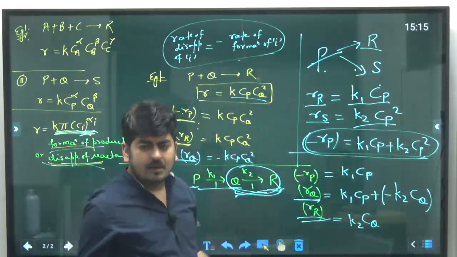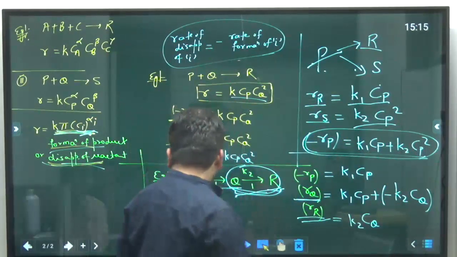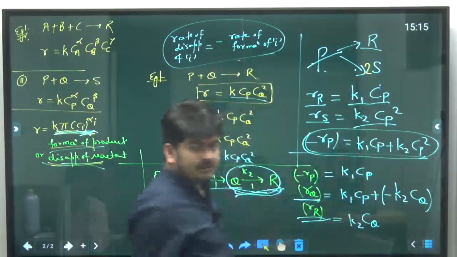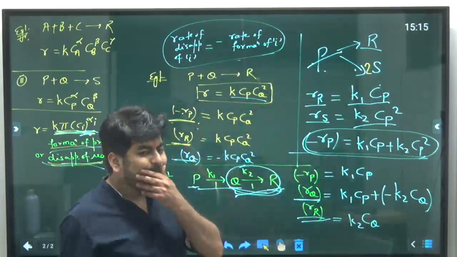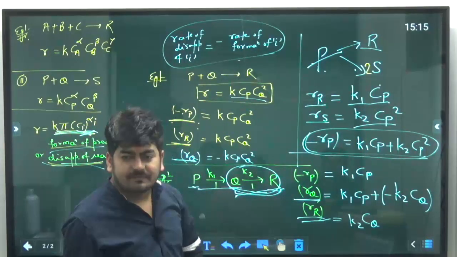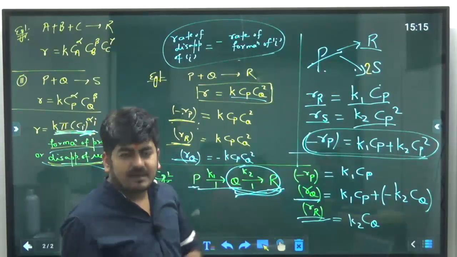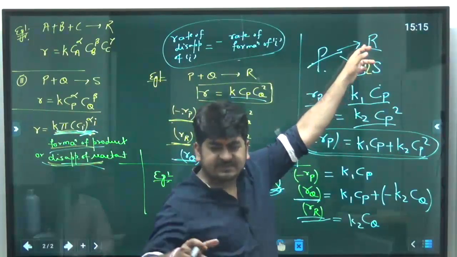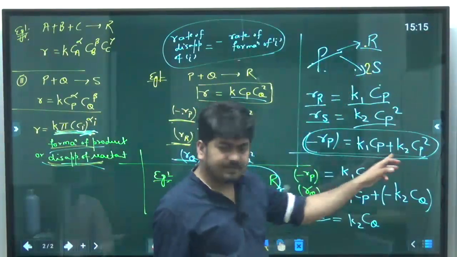Clear? But suppose by chance, here if I say this is 2S, then what will be minus Rp? In that case, minus Rp equal to Rr for the first step. So it will be the same K1Cp.